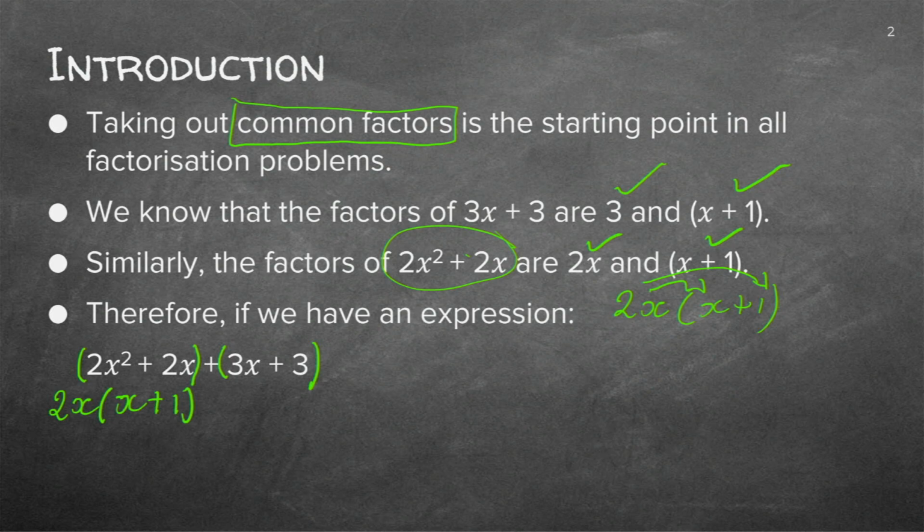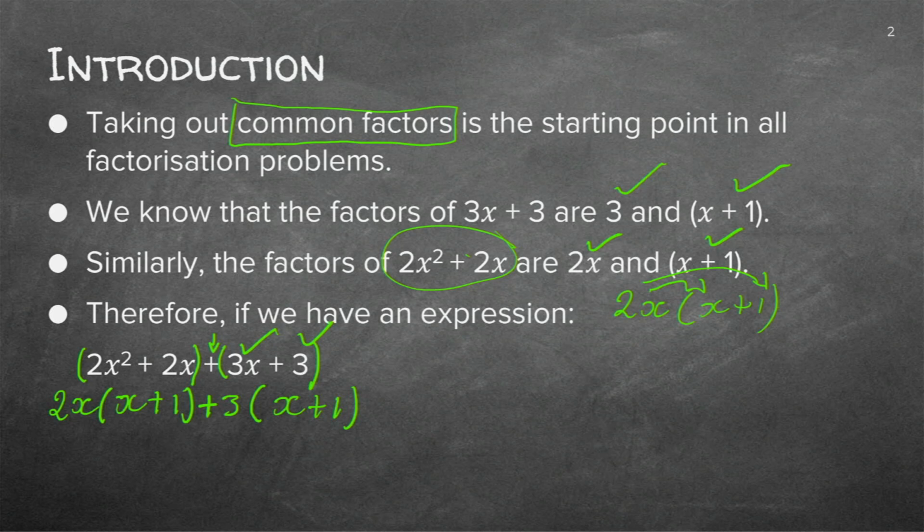And on the other side, I say plus, that is the plus that we left out when we were doing brackets. And what was left is, you also look for common factors of those two values. So the common factor there is 3. So when you take out 3, what is left is x plus 1.